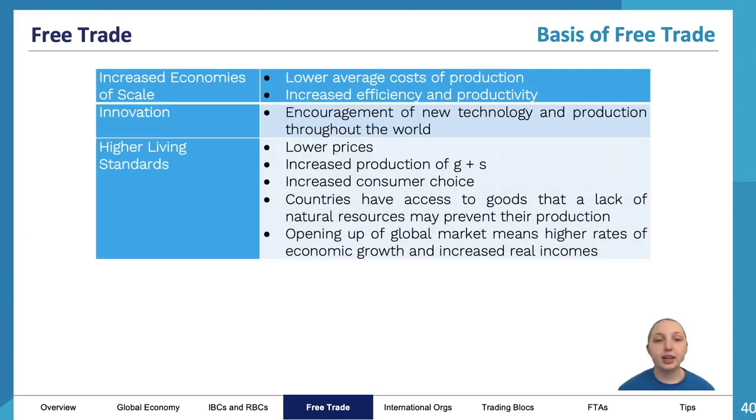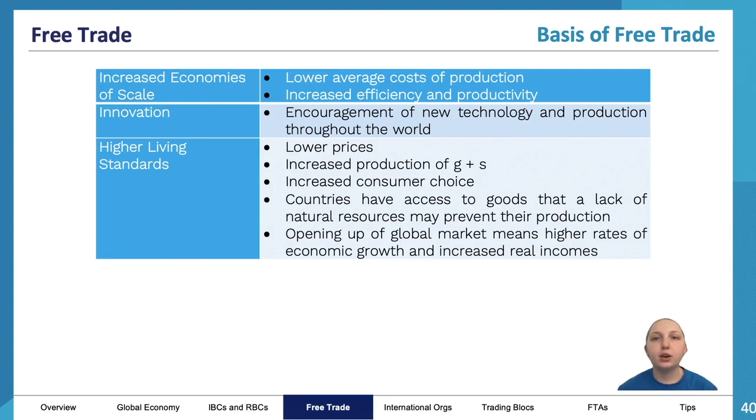You've also got increased economies of scale. Economies of scale is something you would have looked at at the very beginning of year 11. Essentially, it means there's going to be lower average costs of production and increased efficiency and productivity if economies are only producing things that they're good at producing. So this includes things like getting more manufacturing goods.